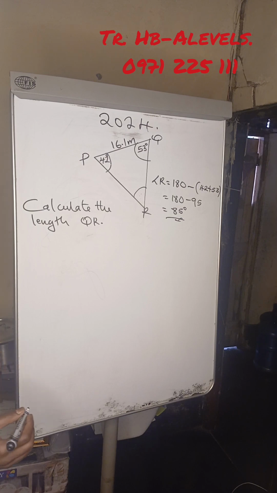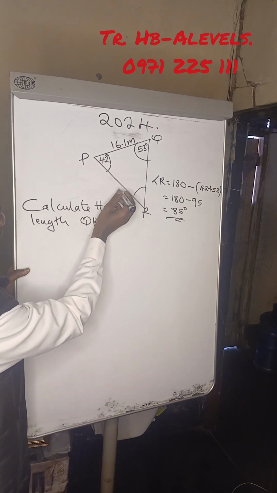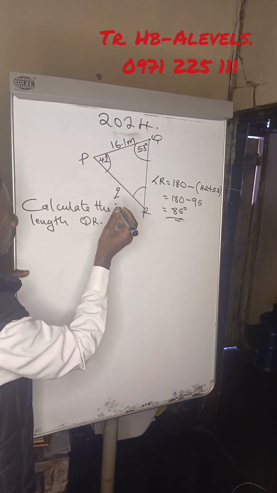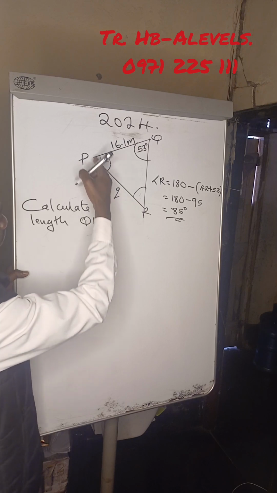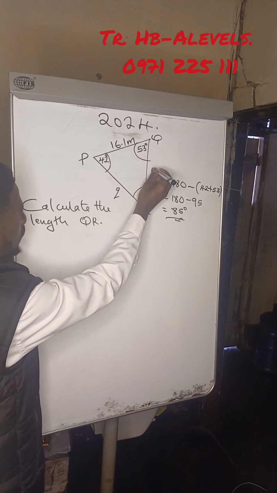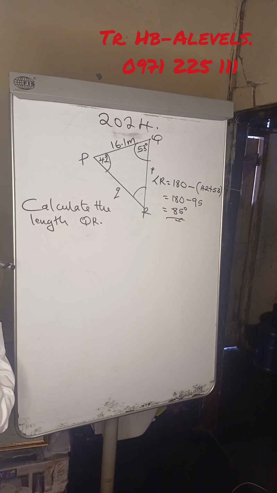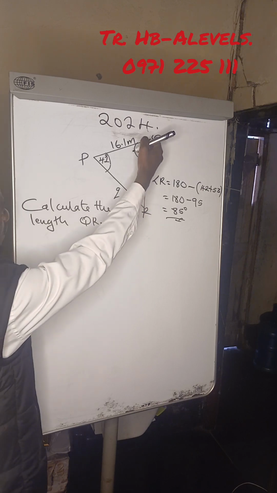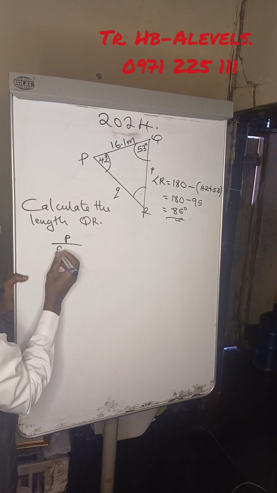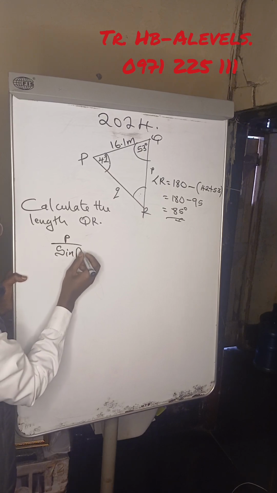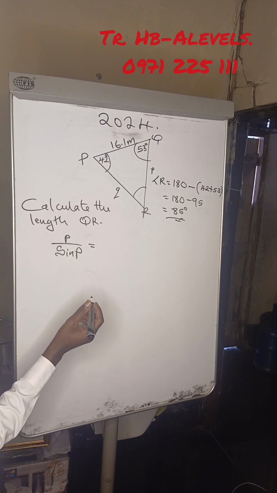It becomes now easy for us to apply the sine rule. So this side, we'll give it a small letter q, representing the distance PR, the opposite of the angle. In this side, we are going to use a small letter p, which is opposite to angle 42. So let us check now what we are looking for. We want to find QR. So we'll start with the small letter p over the angle, so capital letter P. We need to consider the side and the angle where we have values.